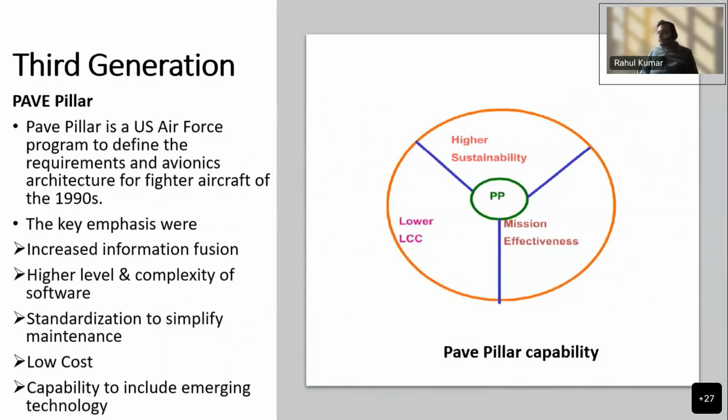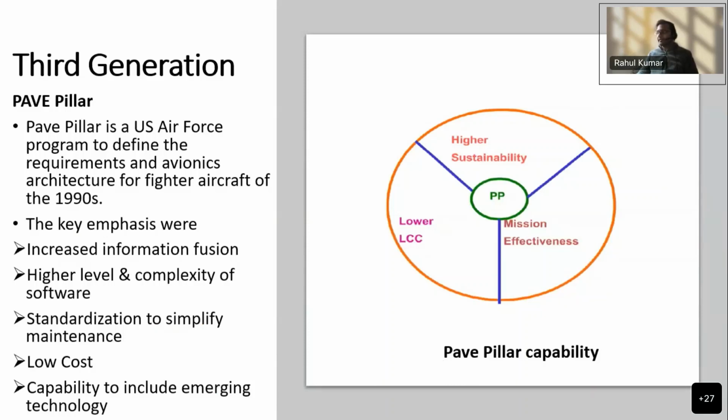Now for the third generation avionics systems, more emphasis was put on standardization, and on optimizing the system to make it suitable and mission effective, and reducing the overall cost of the aircraft.